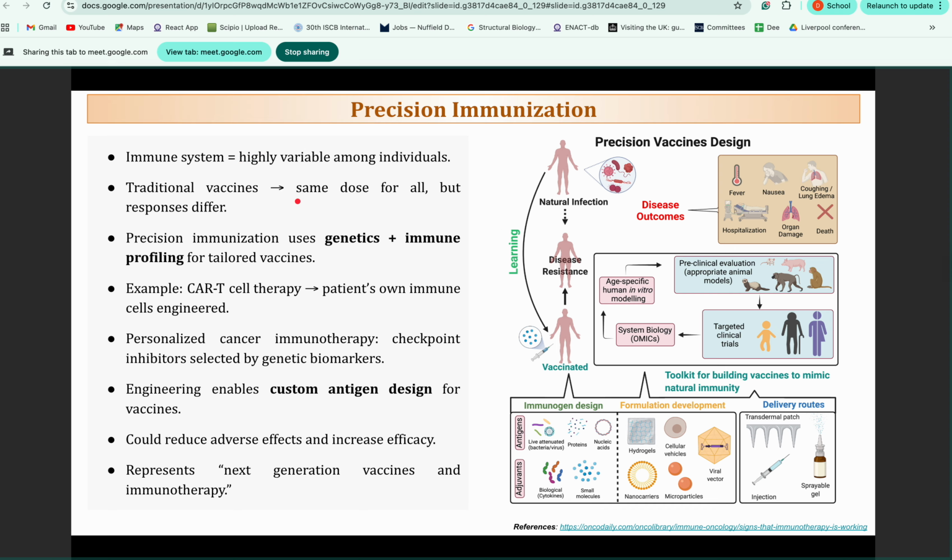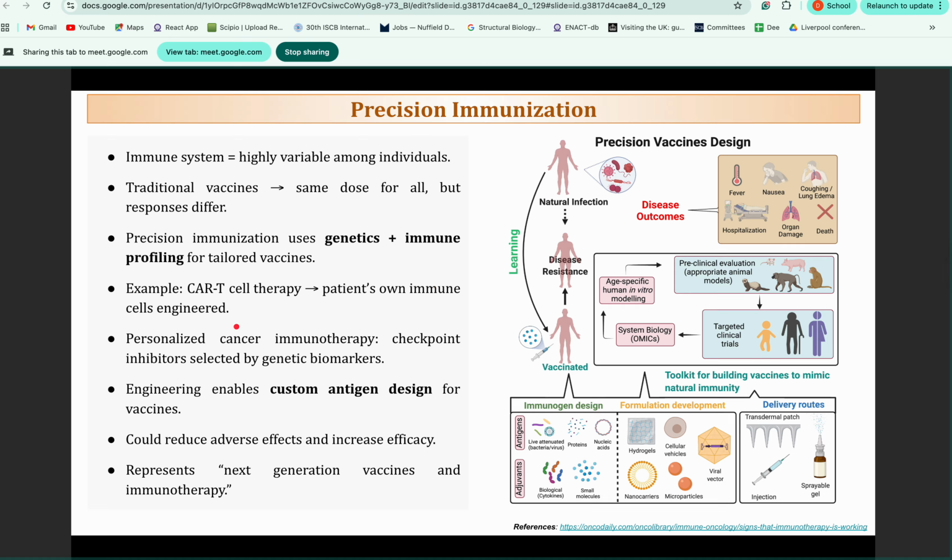With traditional vaccines, it was believed that the same dose can act for all, but responses differ among individuals. Precision immunization uses genetics and immune profiling for tailored vaccines. It designs vaccines by keeping these factors in mind, the genetics and immune profile. For example, CAR T cell therapy, in which patients' own immune cells are engineered.